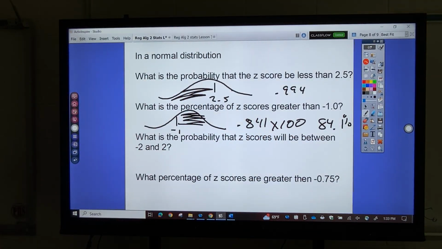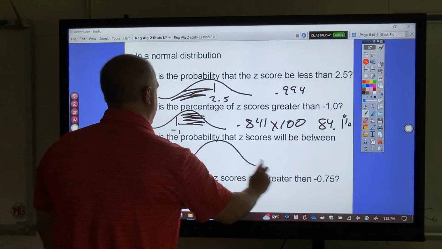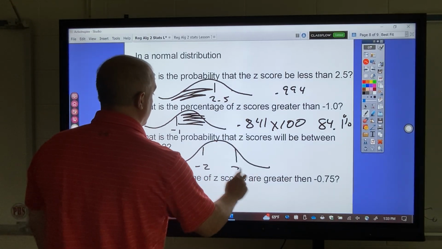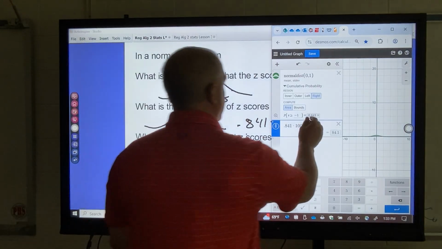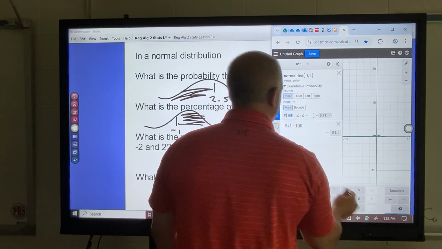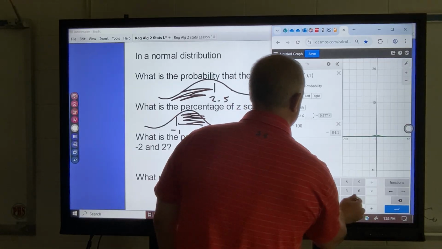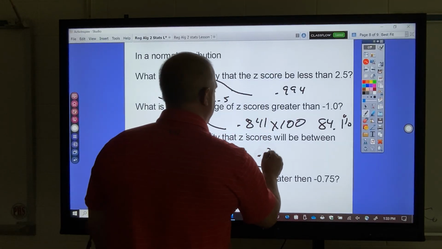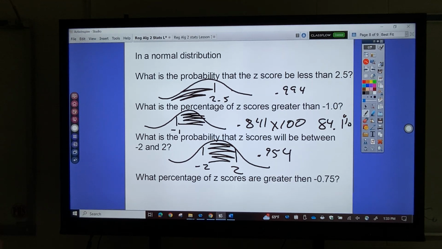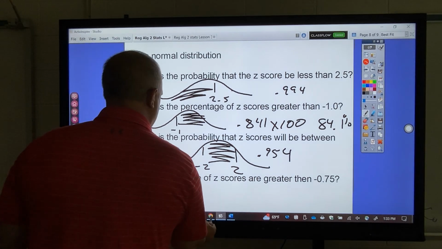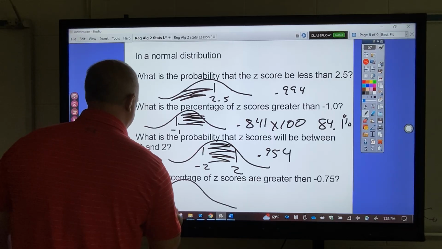What is the probability the z-scores will be between negative 2 and 2? Once again, you can know this because that's the basic probability, but if you want to, you can just do this. Negative 2 to 2, 0.954, okay? Obviously you can find the percentage if you wanted to. And then this one, greater than negative 0.75.